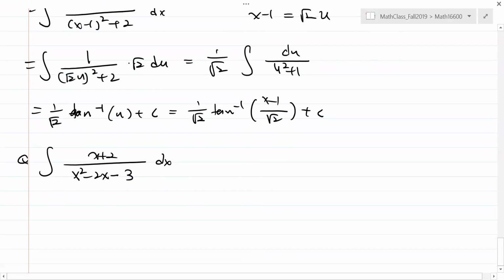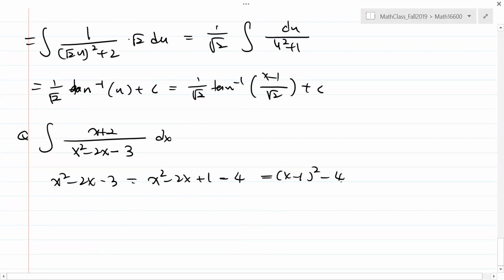First of all, let's use a substitution. We already know that it's going to be x squared minus 2x plus 1 minus 1, so it's going to be minus 4, right? We already did this. I tried to make the denominator simple.